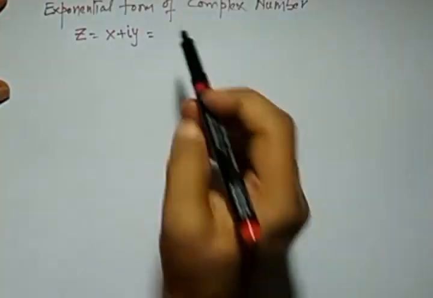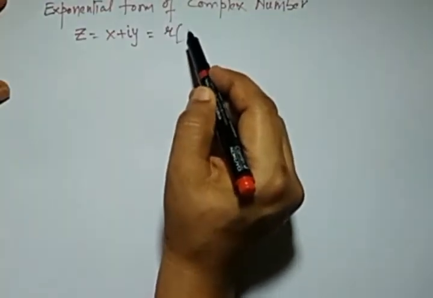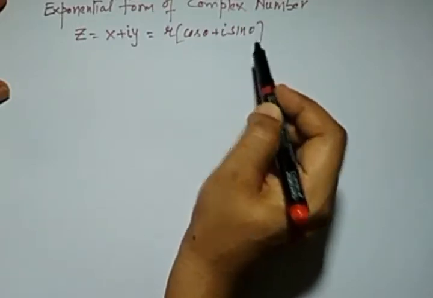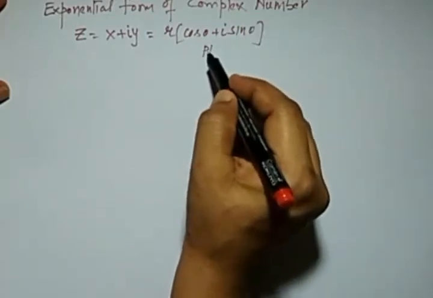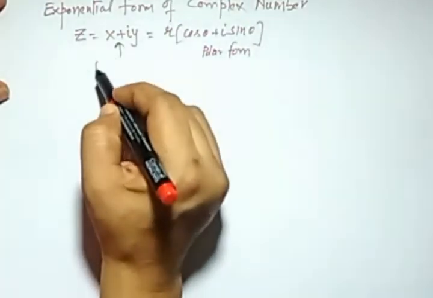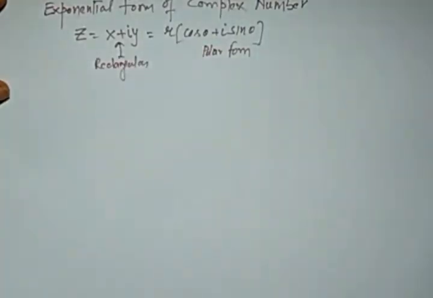This is the rectangular form. Then r (cos theta plus i sin theta) is the polar form. Today we want to find out the exponential form.